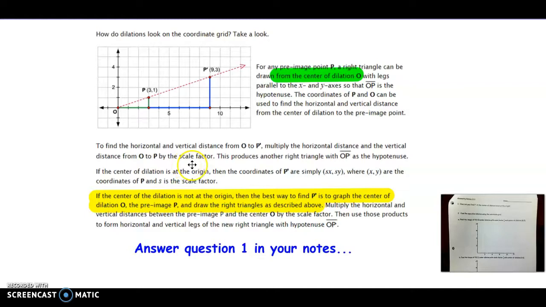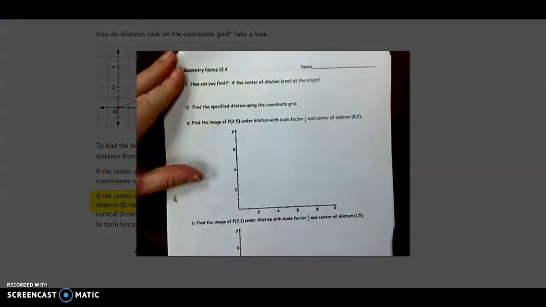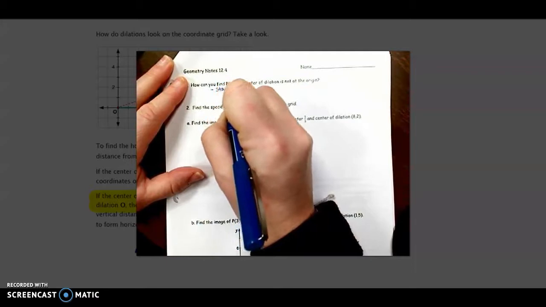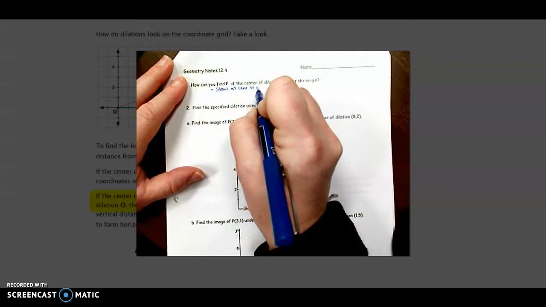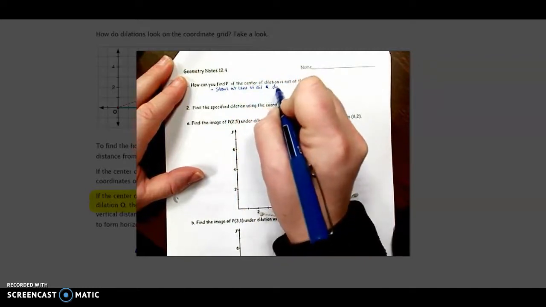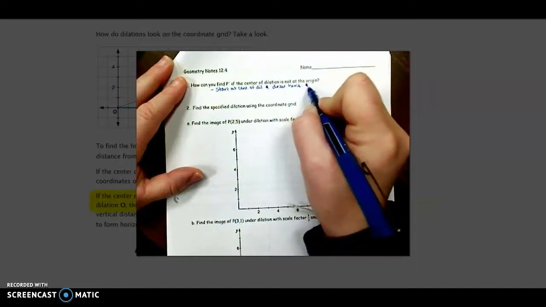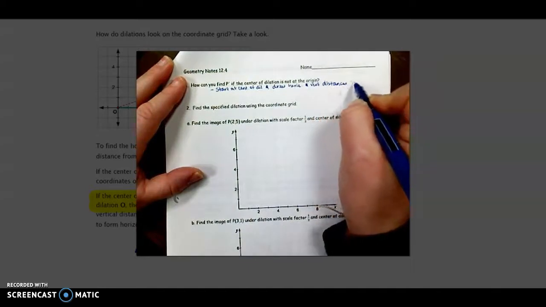So question 1 says, how can you find P prime if the center of dilation is not at the origin? And so your process is really going to be the same as what we just talked about. So on number 1, the very first thing you're going to do is start at your center of dilation and draw the horizontal and vertical distances to your pre-image.